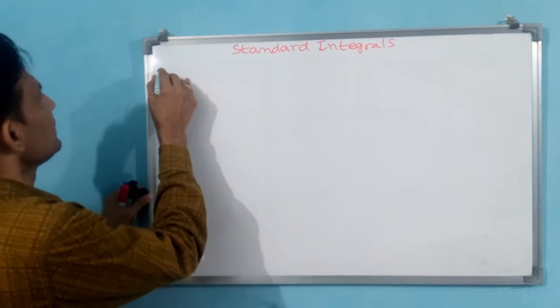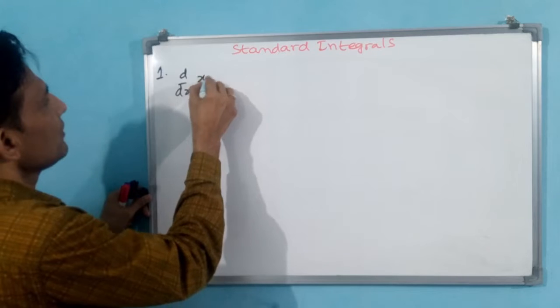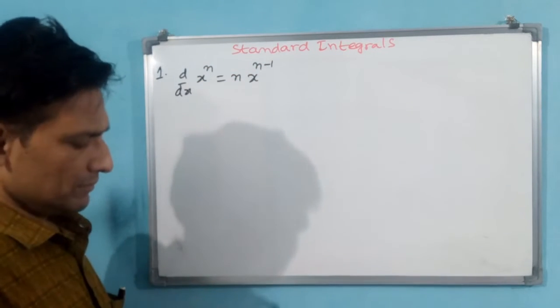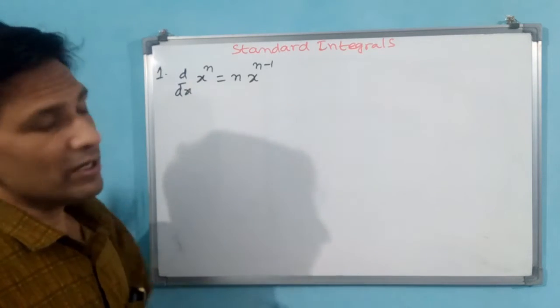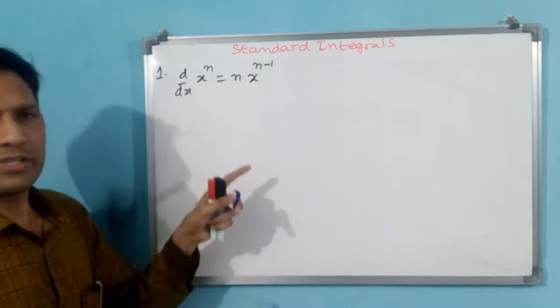First one itself, the simple one: d by dx of x power n is equal to n into x power n minus 1. This will be for differentiation. Equivalent of this, how to find? Integral n into x power n minus 1 is equal to x power n, we can easily write.